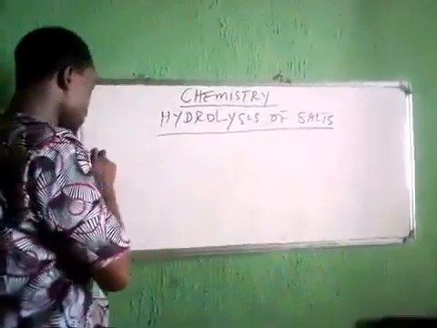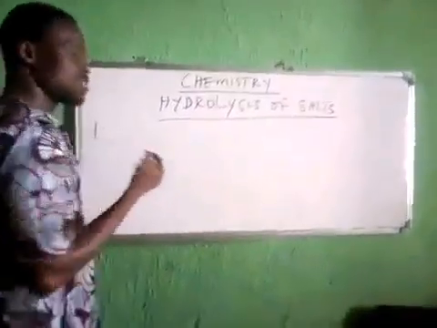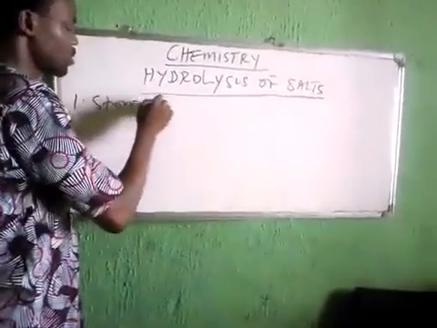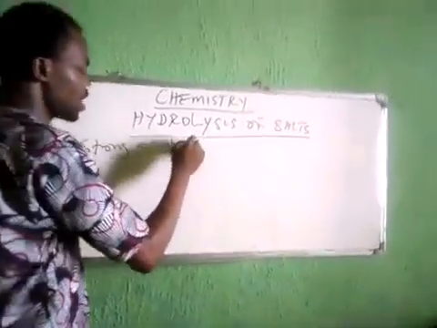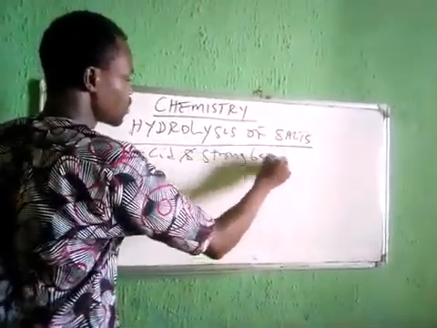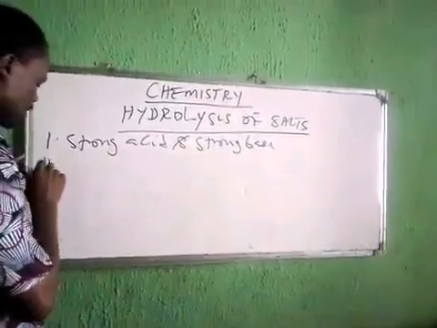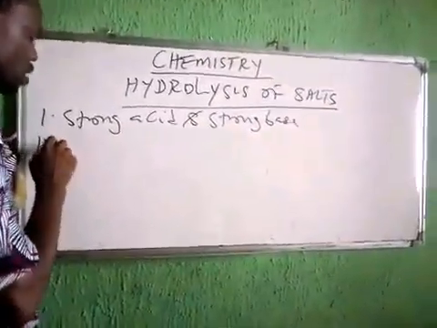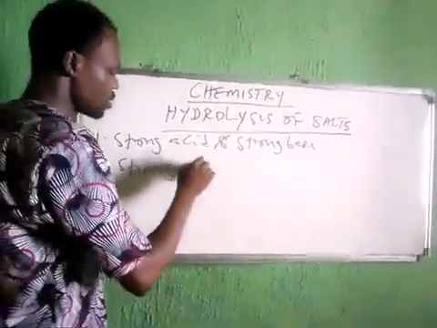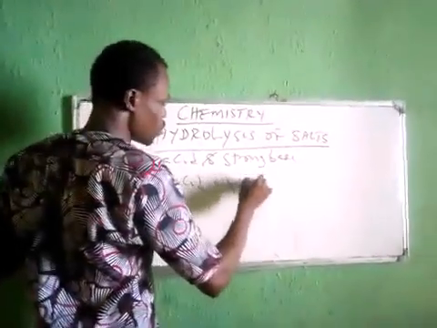Now, of course, normal salts can be classified. We have the following. We have normal salts that are formed from strong acid and strong base. We have normal salts that are formed from strong acid and weak base.